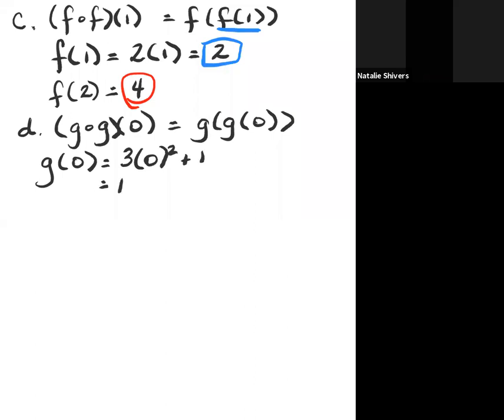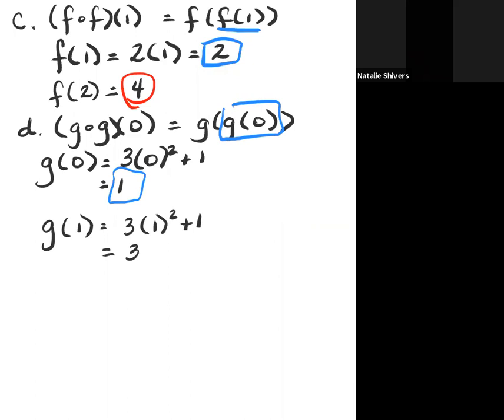We get 1. So we're going to plug 1 in right there. So now we're going to do g at 1. 3 times 1 squared plus 1. 3 plus 1 equals 4. So nothing too far to extend on that one.